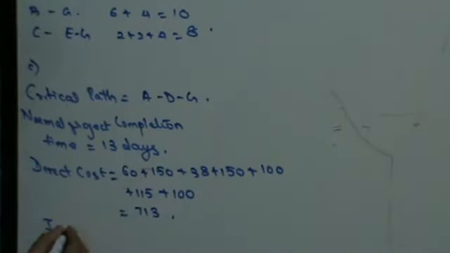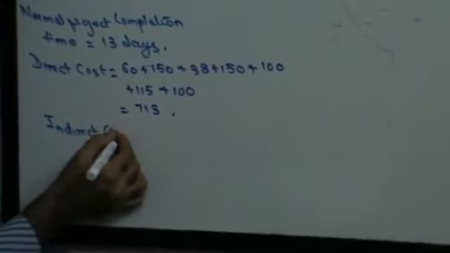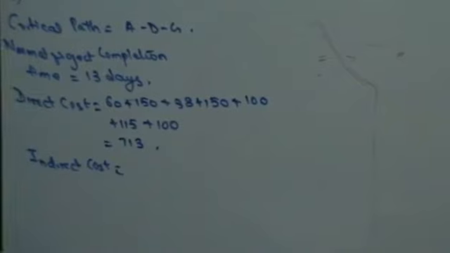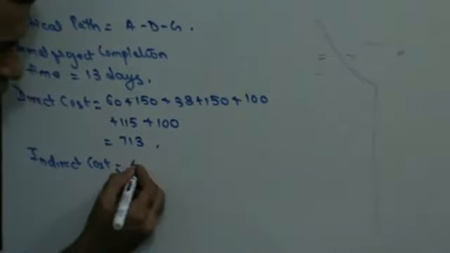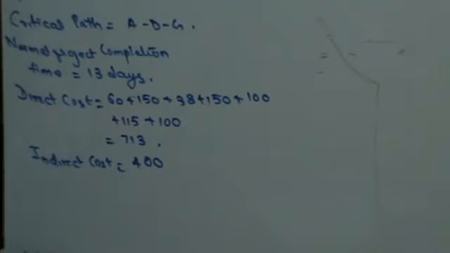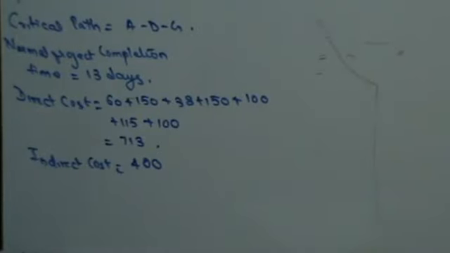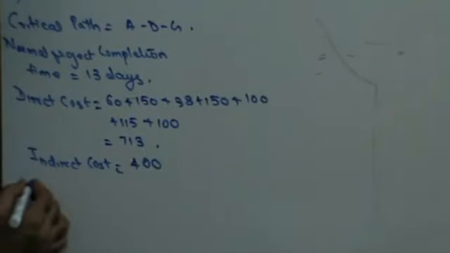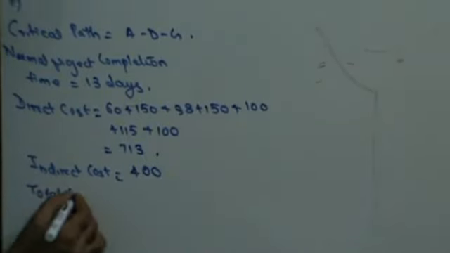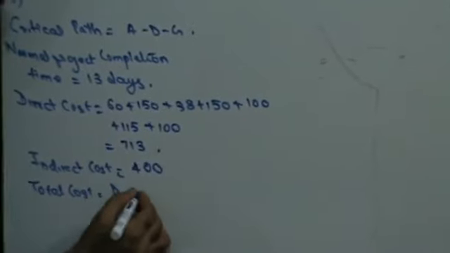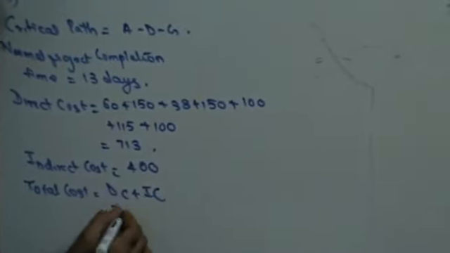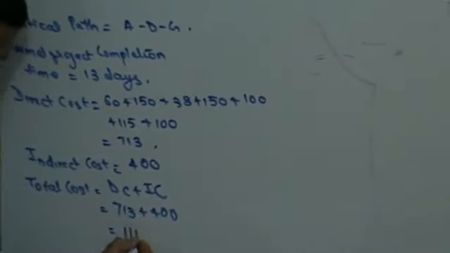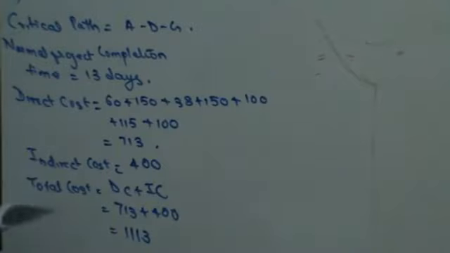Indirect cost: your normal project completion time is 13 days. They've given you that for 13 days, the indirect cost is going to be 400 rupees. Therefore, your total cost is nothing but your direct cost plus your indirect cost, which is 713 plus 400, which is going to be 1113. So now I have my total cost.